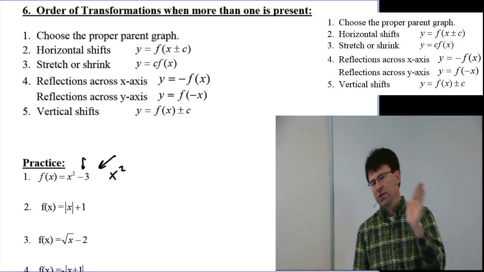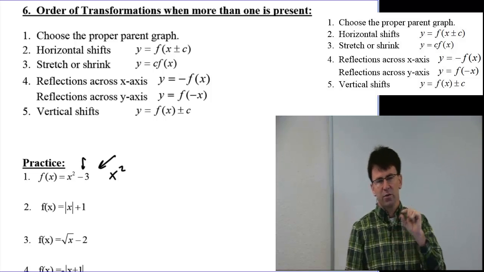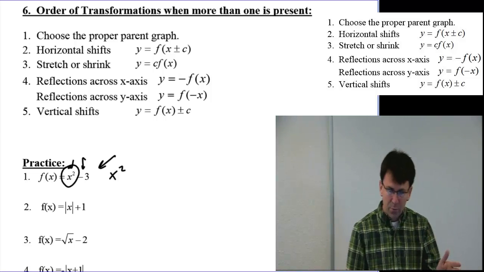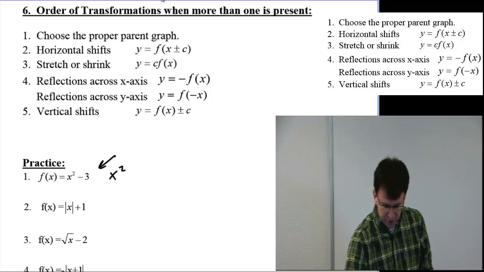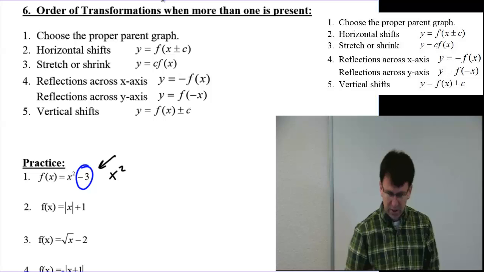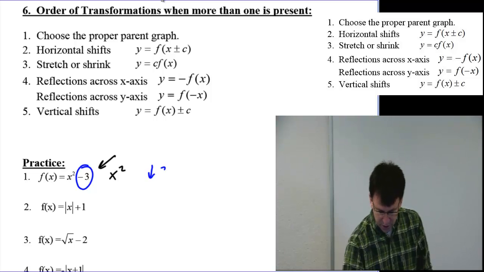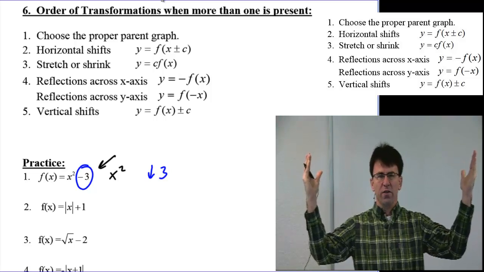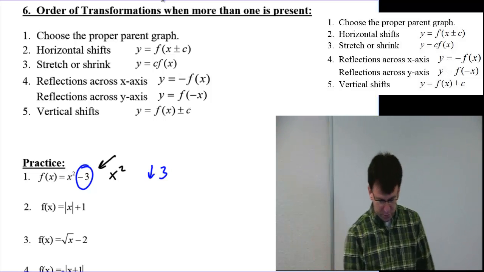It goes with the 3, on the constant on the back end. So I don't have a negative living around this function. I'm okay with that. Finishing up at the very end, I do have this minus 3 going on, and so that's just a downward shift of 3. If I have a parent graph of x squared, I'm just going to take all the outputs and shift them down 3.